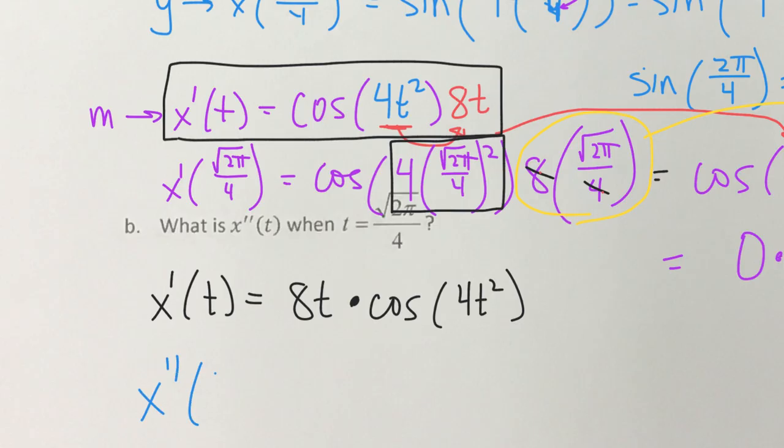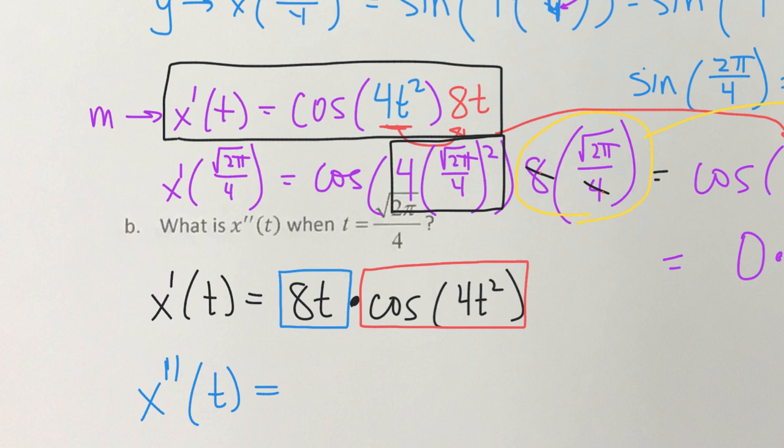The second derivative is the derivative of the derivative. This is going to be a product rule. We have 8t, which is a linear function, times the cosine, which is a trig function. So this is a product rule derivative.